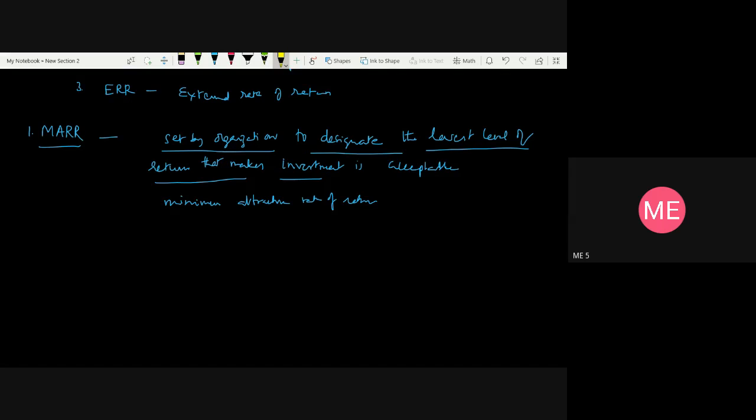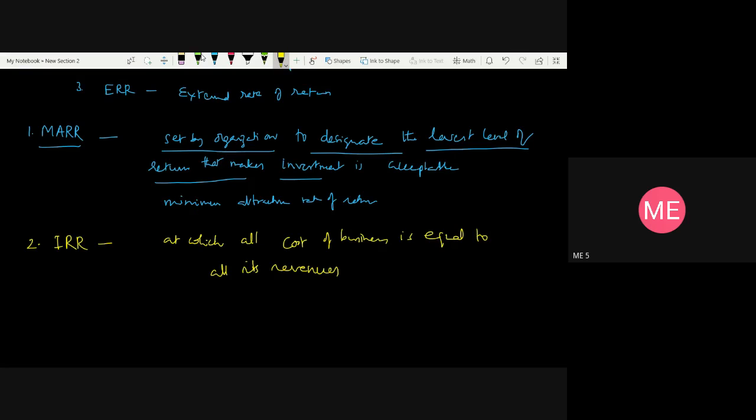Next, the second one is internal rate of return. The internal rate of return is nothing but the rate of interest at which all the costs of business are equal to all its revenues. So IRR is the rate of return, or rate of interest, at which all the costs of business are equal to all its revenues.